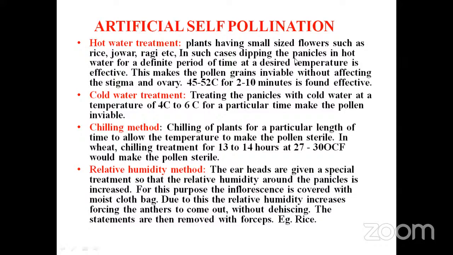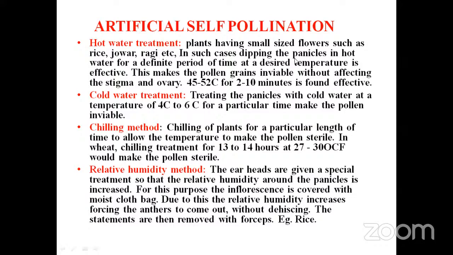If you collect the numerous anthers, the individual flowers are collected after the corolla and calyx are removed. What happens if you remove the corolla and calyx? Now the flower is opened, and it is directly made to contact the stigma of the emasculated plant. Example, bhendi and pomegranate. And the last one: the inflorescences of male and female parents are enclosed in a single bag and allowed for pollination.